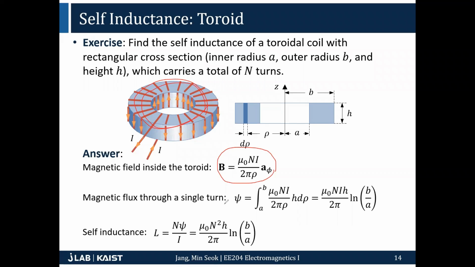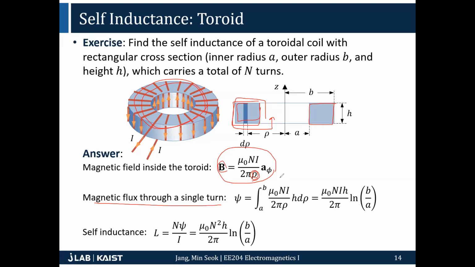And then the magnetic flux through a single turn: if you look at the cross section, it looks like this, right? This is a single turn. If you want to calculate the flux through a single turn, you have to integrate the B field in this area, and your B field depends on rho.